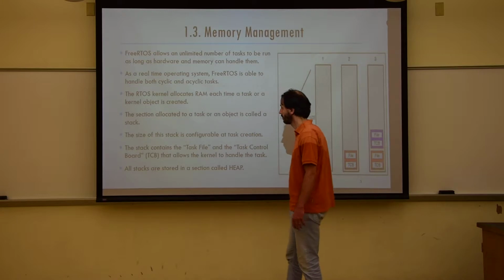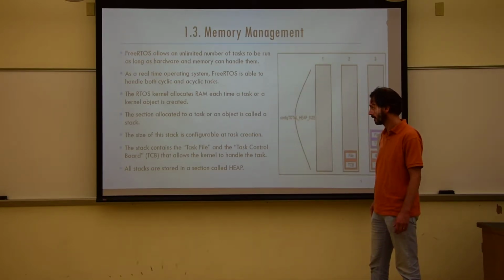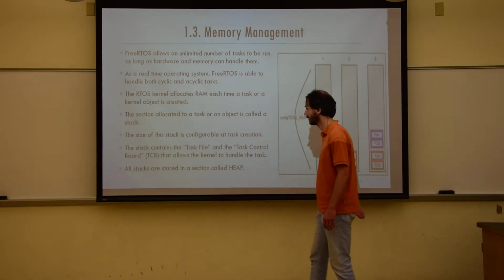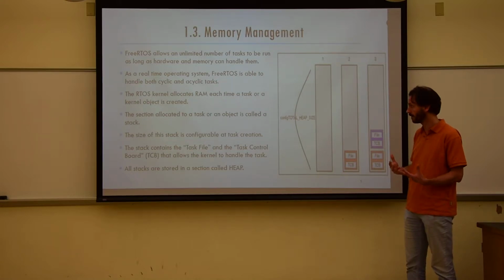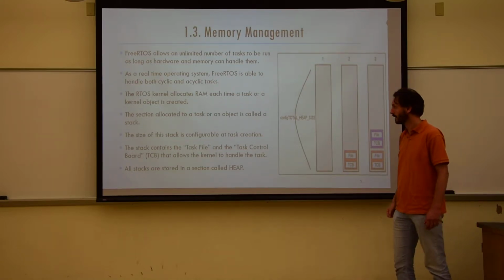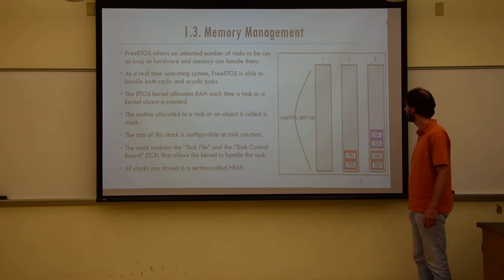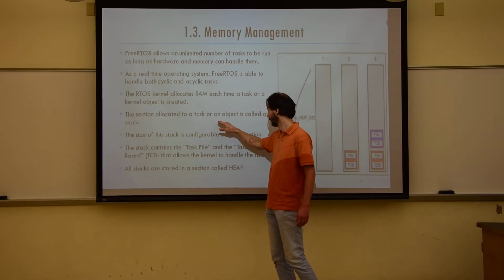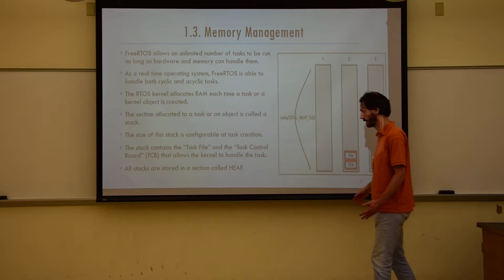Now, FreeRTOS is able to handle both cyclic and acyclic tasks. It allocates the RAM each time a task or a kernel object is created, so we have a special create function that we'll talk about shortly. Here we see that there are sections allocated to a task or an object. That section we call the stack in this particular case.